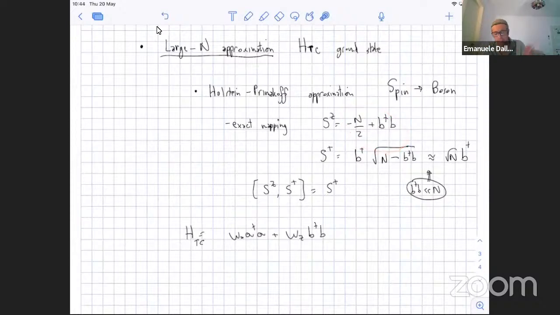So there was a constant, which I don't care about, just an energy shift, plus this term omega z b dagger b plus g square root of n times a b dagger plus a dagger b. So this is now a coupled harmonic oscillator, and that's something that we can already deal with.